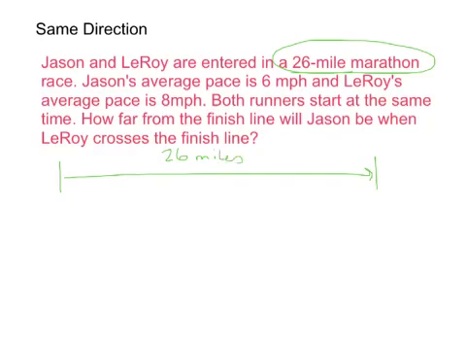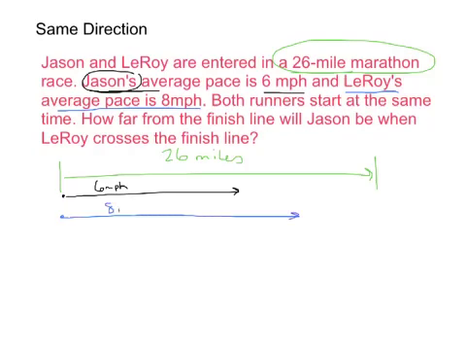Jason's pace, which I'm going to do in black, is 6 miles per hour. So Jason is going to run this at 6 miles per hour. Leroy's average pace, which I'm going to do in blue, is 8 miles per hour.